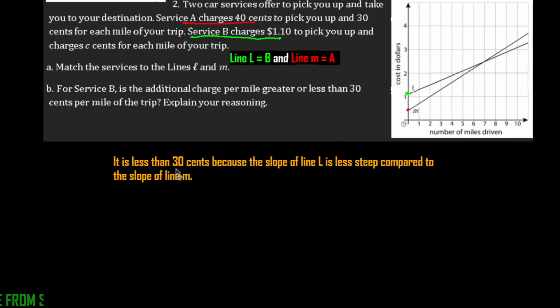Well, it is less than 30 cents because the slope of line L, which is that top line, is less steep compared to the slope of line M. So make sure you can see, as you move from left to right, line L is increasing less rapidly. It's still increasing, it's still positive, but it's not increasing as fast as line M for service A. So we're going to say it is less than 30 cents.